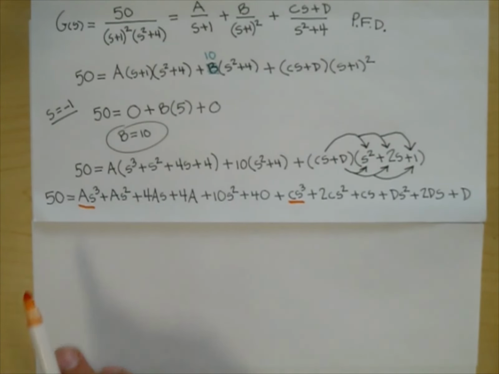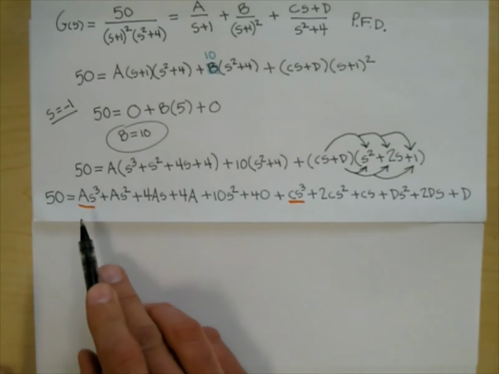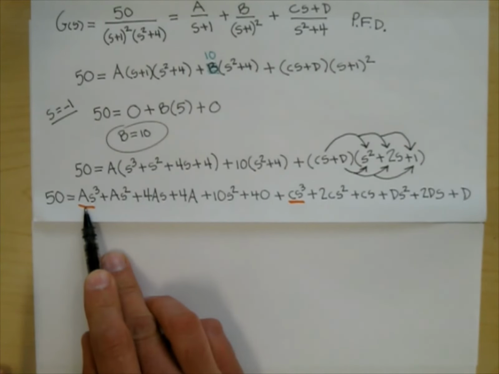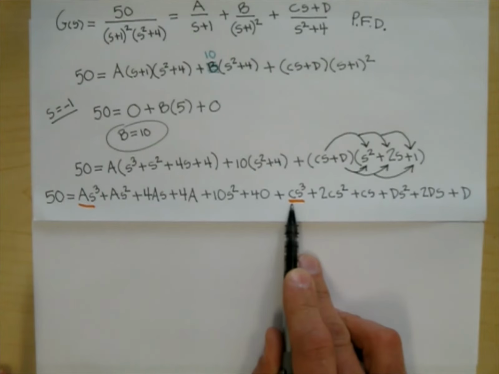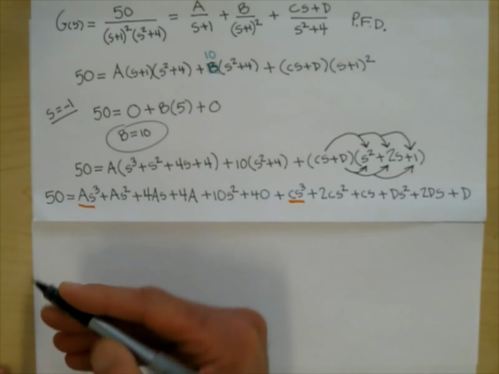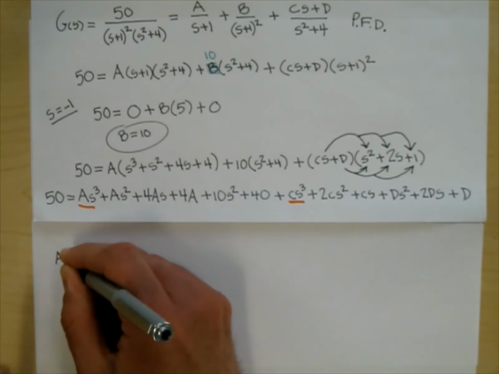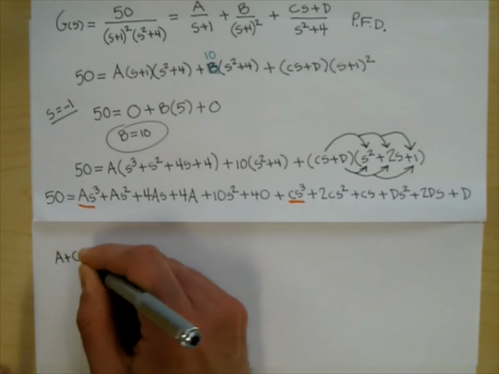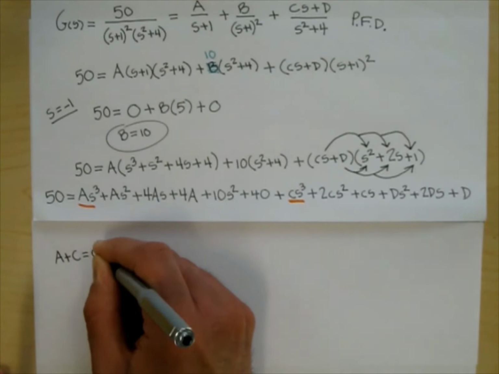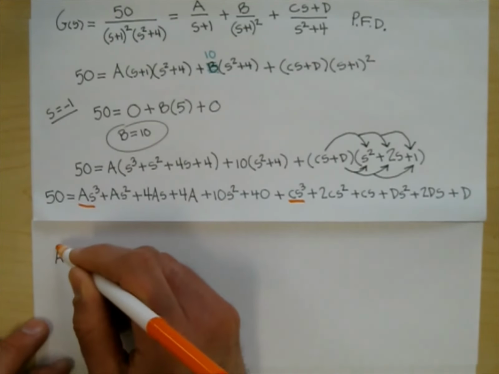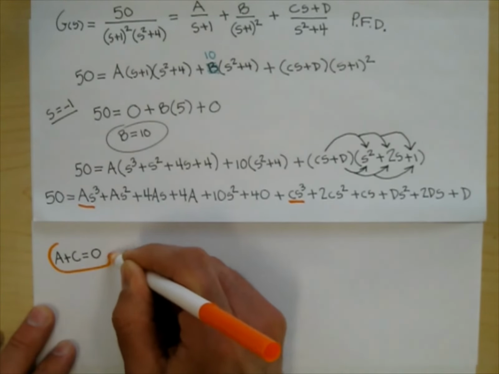So when I go to write out this equation, I'm going to have a plus c equals 0. I'll go ahead and circle that in orange.